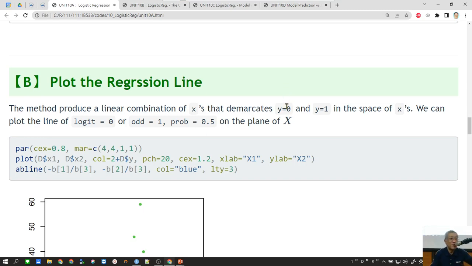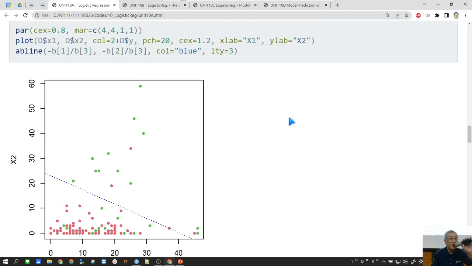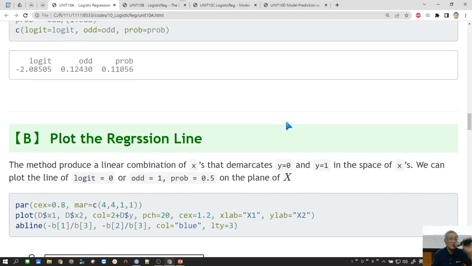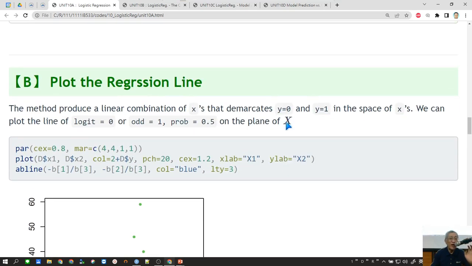Okay, now let's move on. We don't need to plot the logistic regression line, right? In the aspect of practical application, usually you don't need to draw the regression line, the logistic regression line, right?